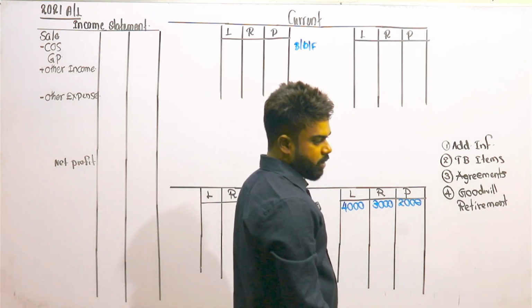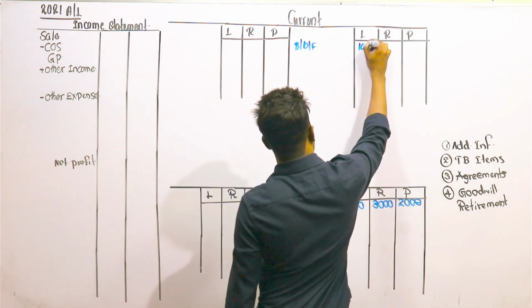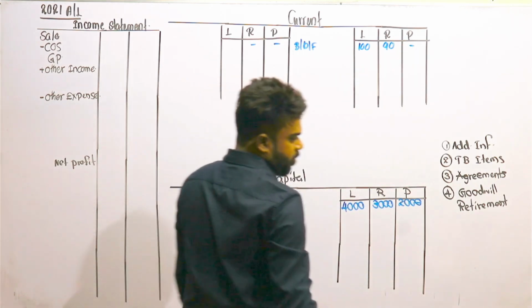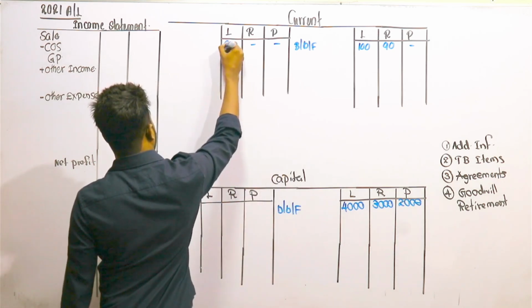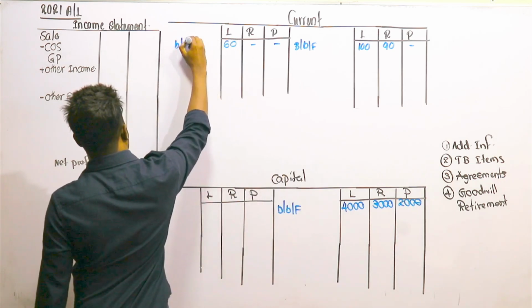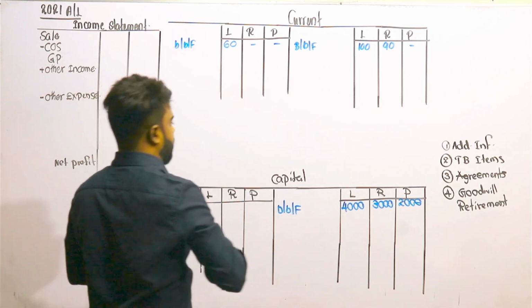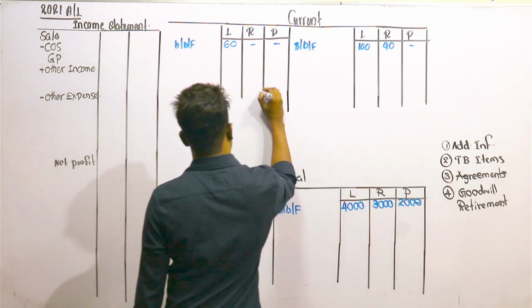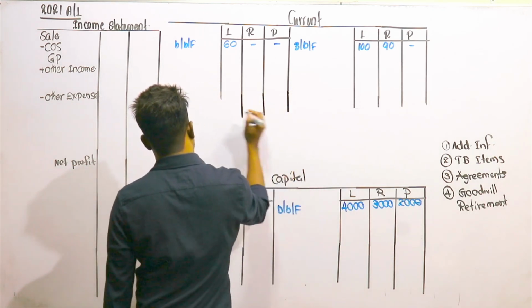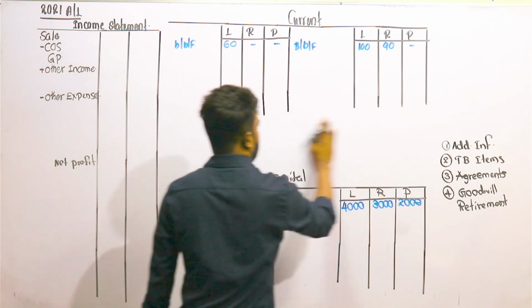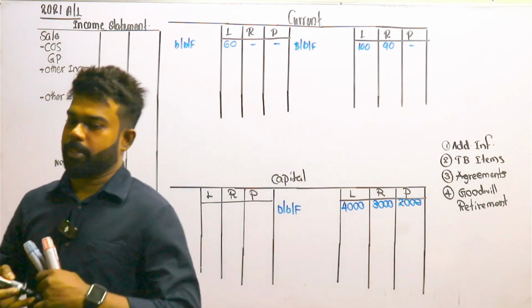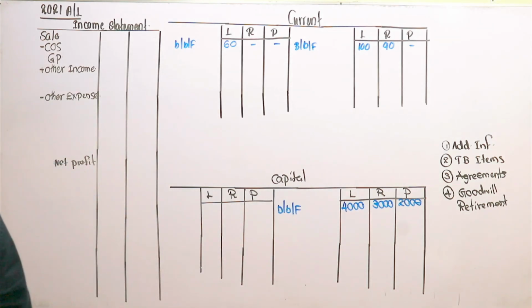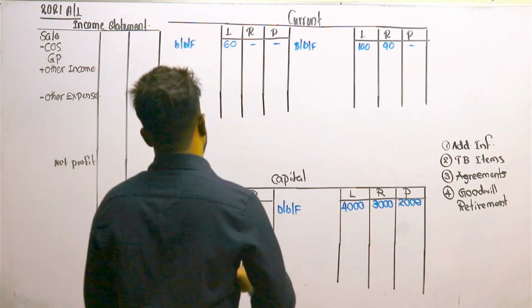Here 190, and there's my opening balance 60. 60, separately recorded on the debit side. Everyone finished? 60.